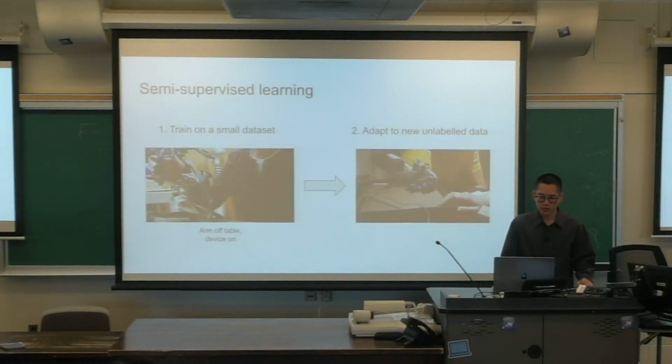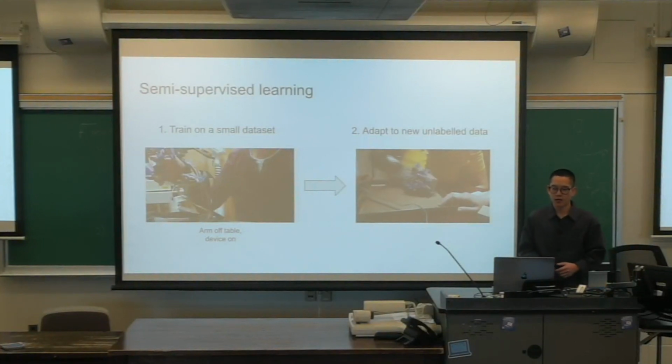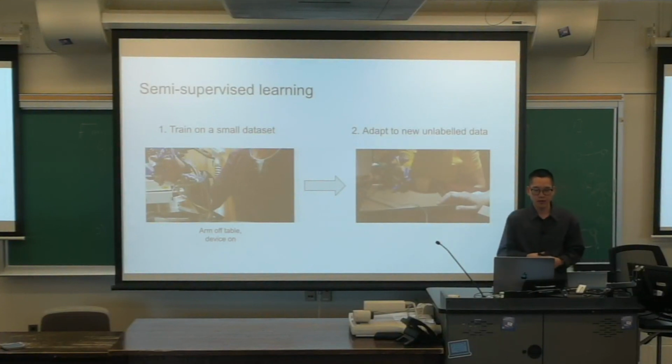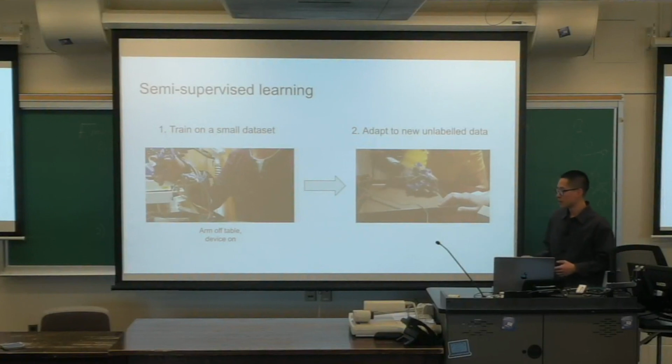And algorithmically, we are borrowing ideas from the semi-supervised learning literature. Semi-supervised learning is basically the idea that you train on both unlabeled data and labeled data, and it depends on the heuristic that you use to label the unlabeled data. The idea here is we only collect a small initial data set, in this case only for arm off table and device on.